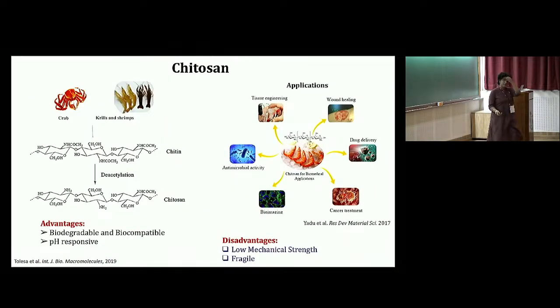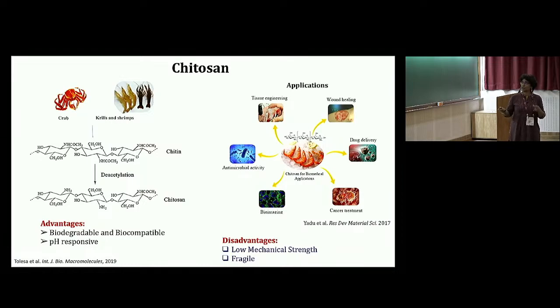The other polymer which I'm going to consider: your kappa carrageenan is an anionic polysaccharide. The other one is going to be cationic, which is chitosan. Chitosan, the parent material, is derived from the exoskeleton of crabs and the outer portions of fish.